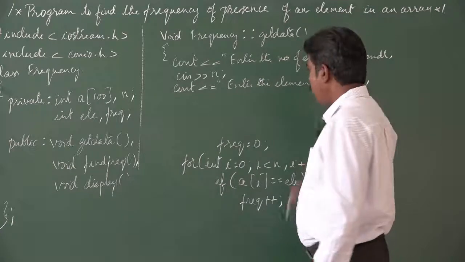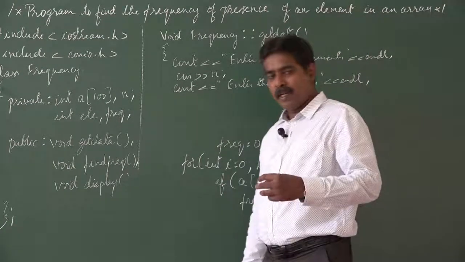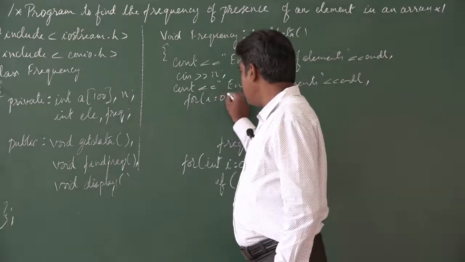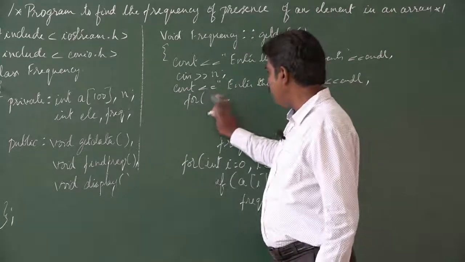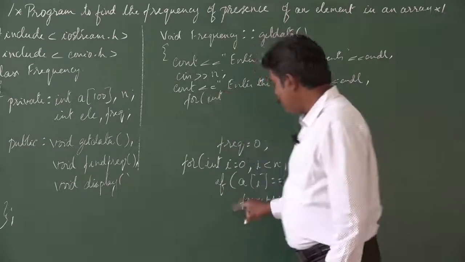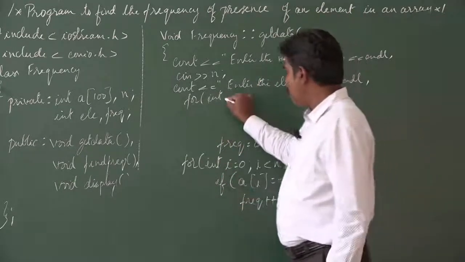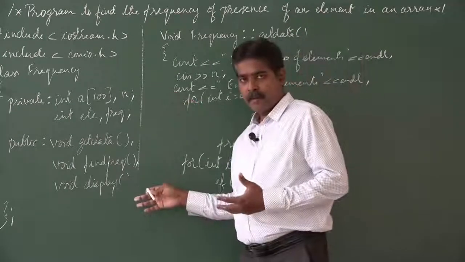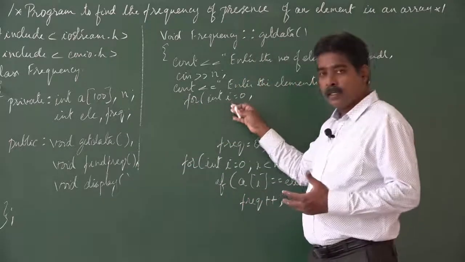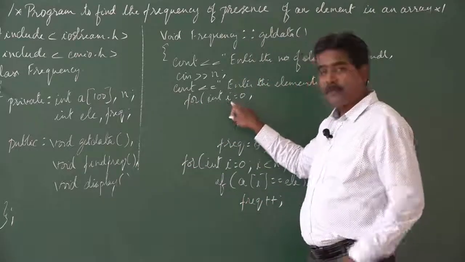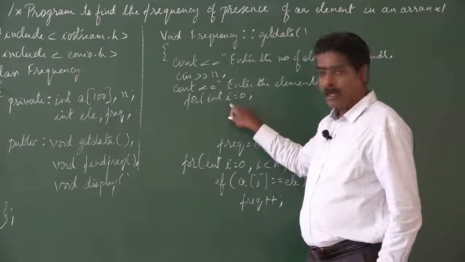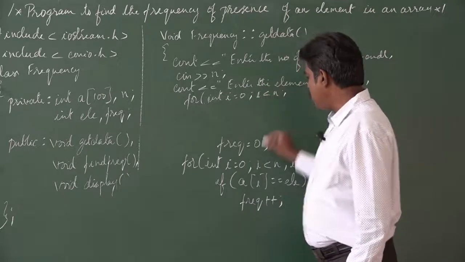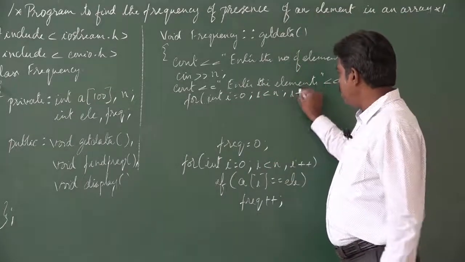So I need a for loop, because we will be accepting the elements in an array. I need a for loop for i equals 0. In fact, I need to take it as int i equals 0, as the logic part says. i is not declared anywhere, and i is declared as a dynamic variable wherever we want, as I said before. So I have taken int i equals 0, then i less than n, the same kind of for loop, then i plus plus.